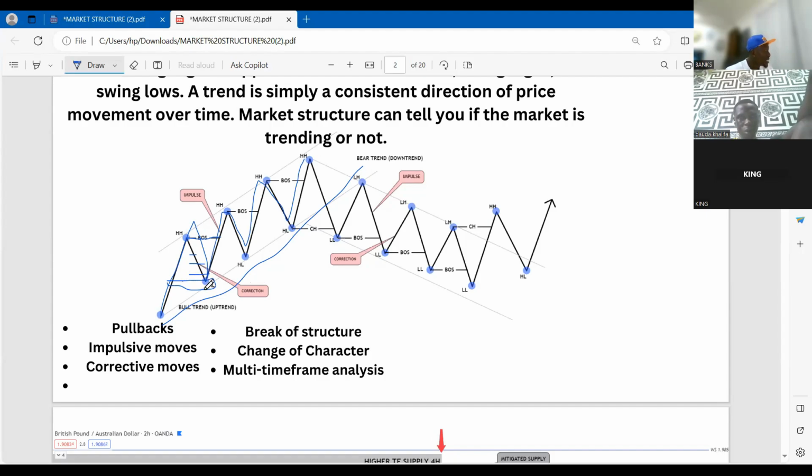By the time price gets into the refined zone where they're supposed to take an entry, they've already taken almost three losses in a row, which is very bad. So we're also going to tackle where precisely we should expect a pullback to end.